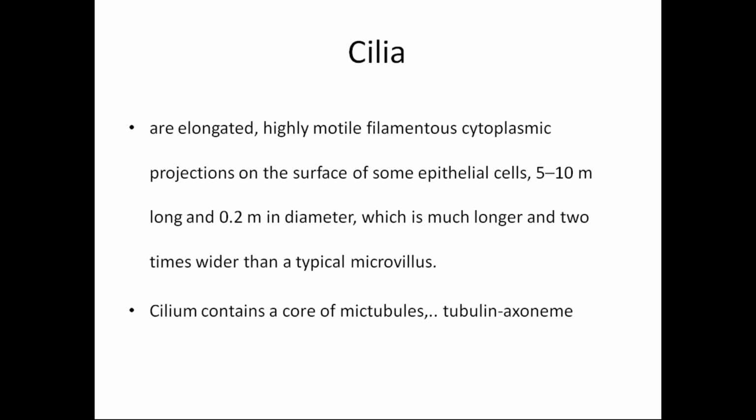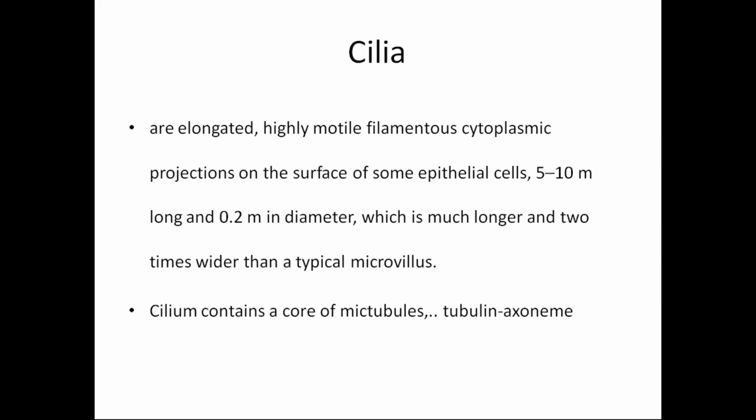It is an elongated structure, a highly motile filamentous cytoplasmic projection on the surface of epithelial cells that is 5 to 10 micrometers long and 0.2 in diameter, much longer and 2 times wider than a typical microvillus. The cilium contains a core of microtubules.